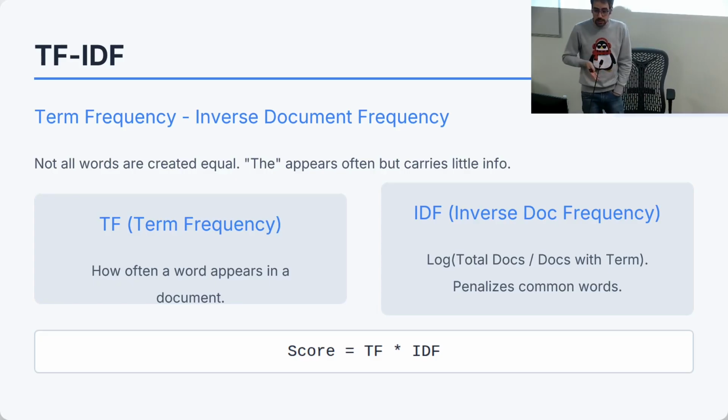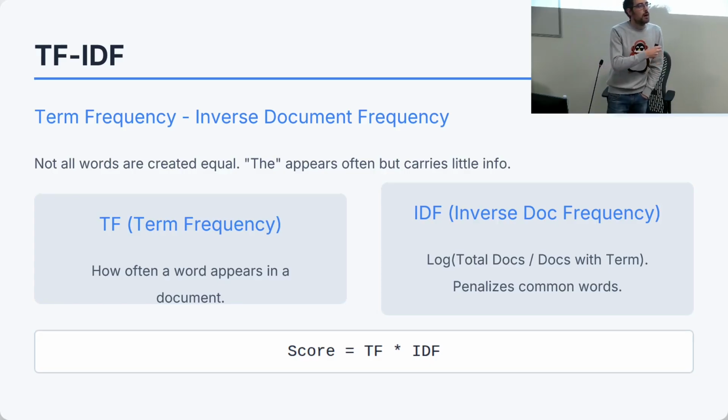Not all words are equal, especially in the context of a document. We can imagine that in any language, some words appear a lot, regardless of the nature of the document, whether it is a medical bill, a programming language, a website about tourism. There are some words that simply appear a lot.